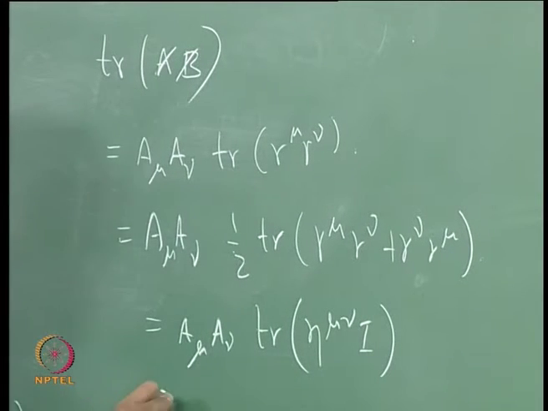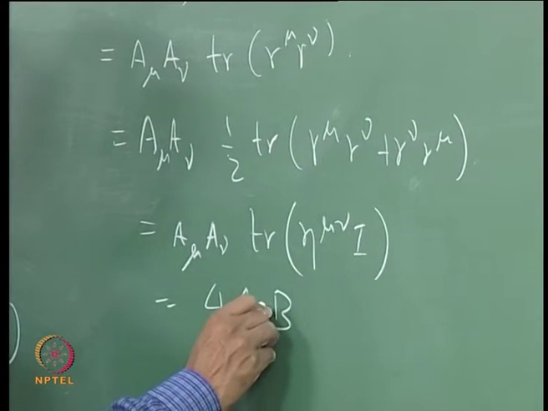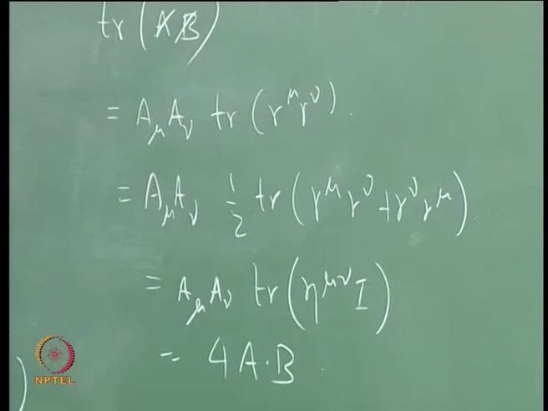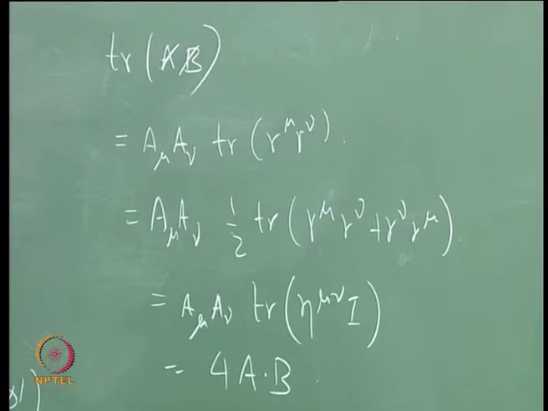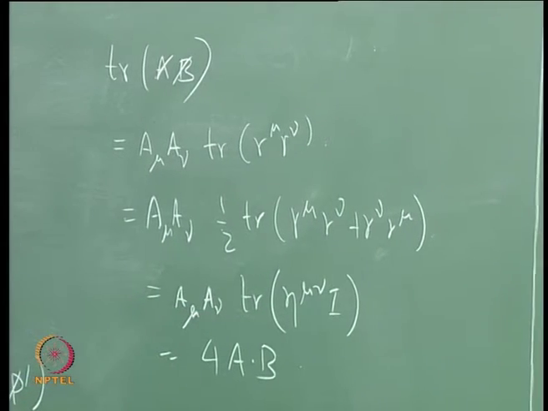So, this will give me 4 a dot b, because trace of the identity operator is 4. So, this is 4 eta mu nu, this will give you a dot b.